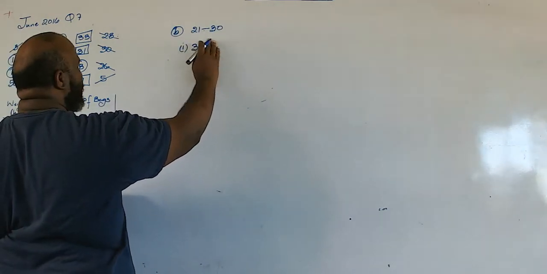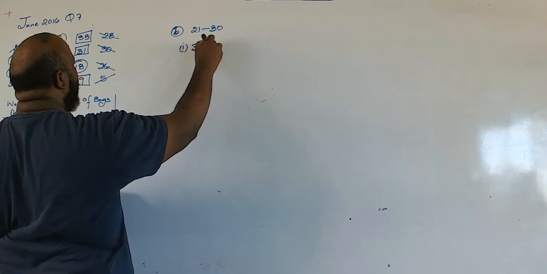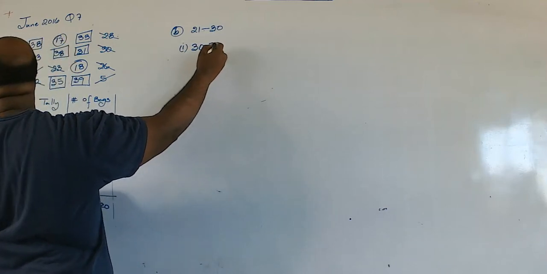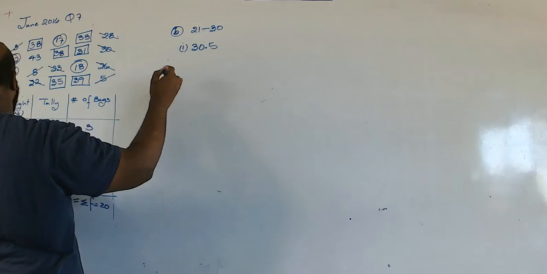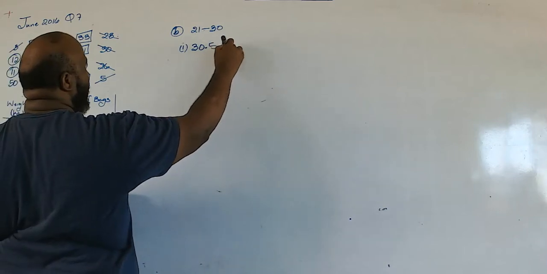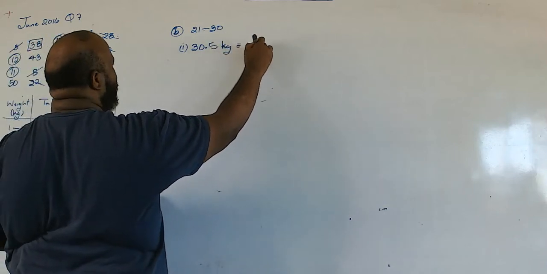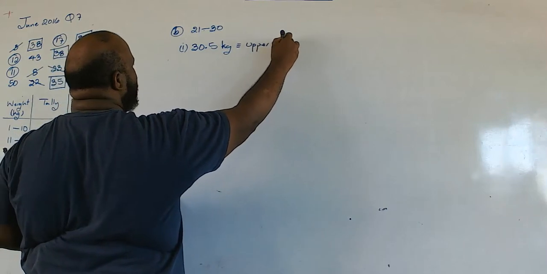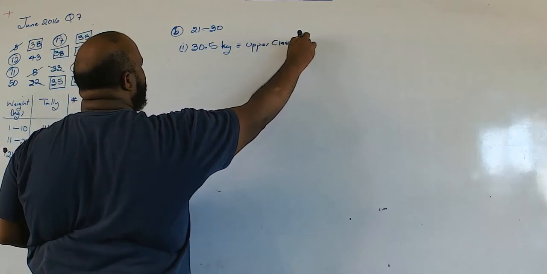This is in kilograms, and this is the upper class boundary.